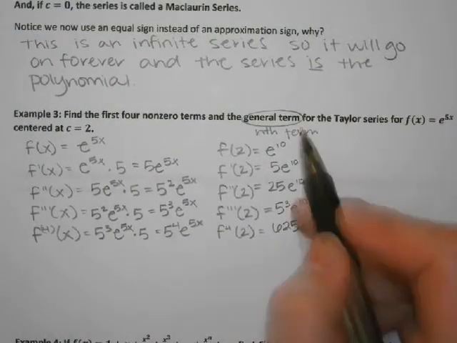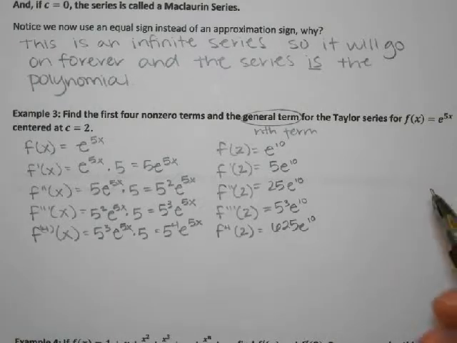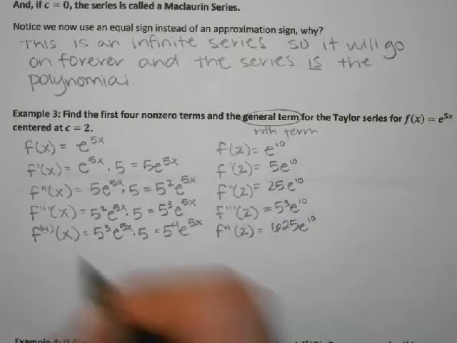Okay, so now that we have all those written down, what should we do? Yeah, we do our formula, right? So we start off with the first one. We've got e to the 10.